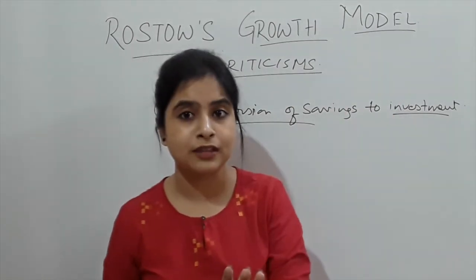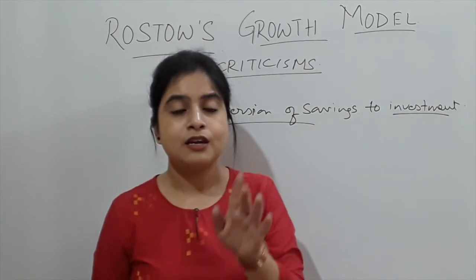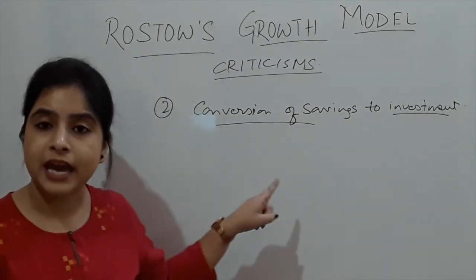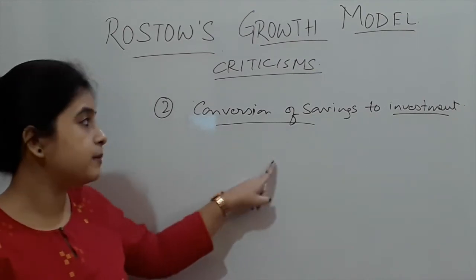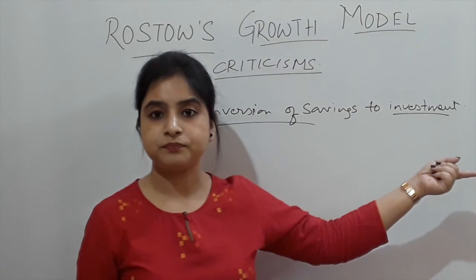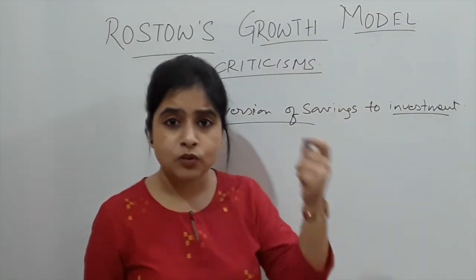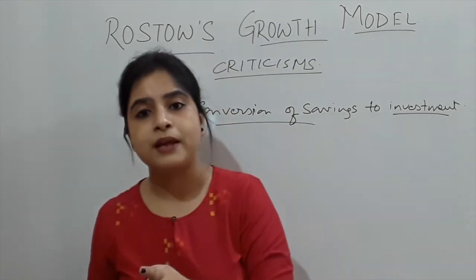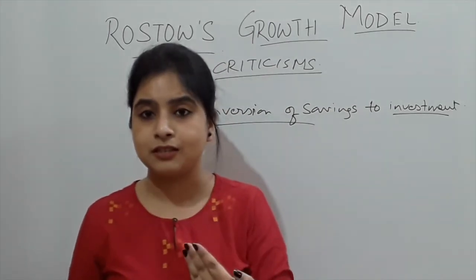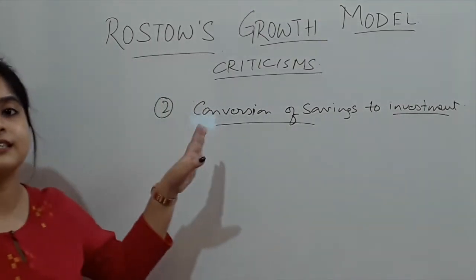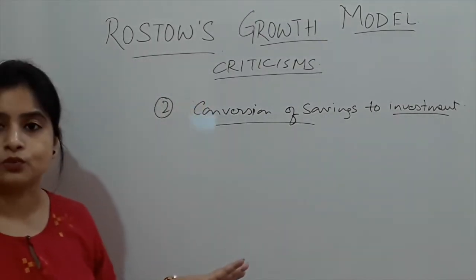Rostow is silent on that aspect. So that is why this is a criticism. Although this is the only thing that Rostow has talked about in his whole theory, he does not mention the exact procedure through which the conversion takes place. So that makes the second criticism of Rostow.